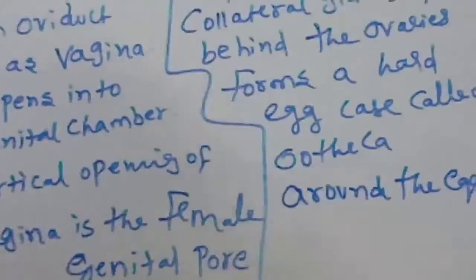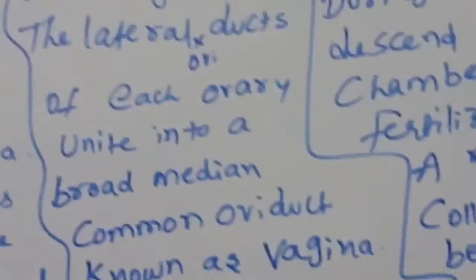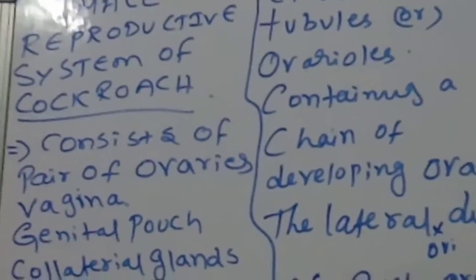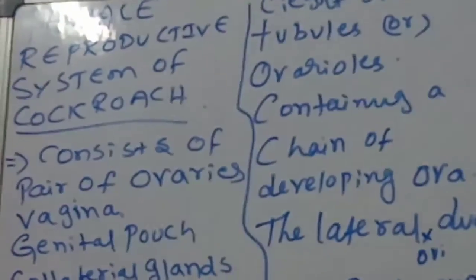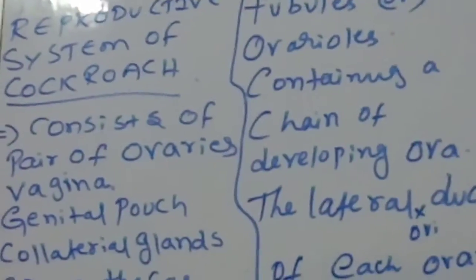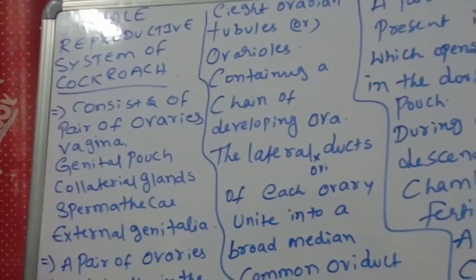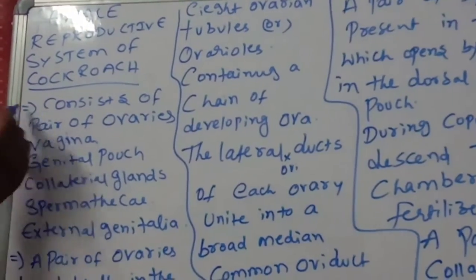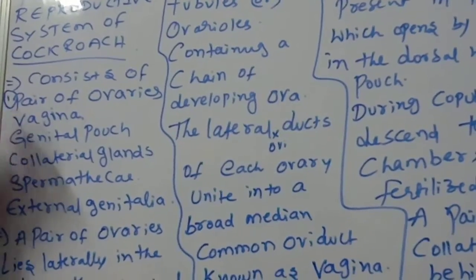Okay, now observe very carefully, children. We are discussing the female reproductive system of the cockroach. It consists of a pair of ovaries, 2 ovaries.